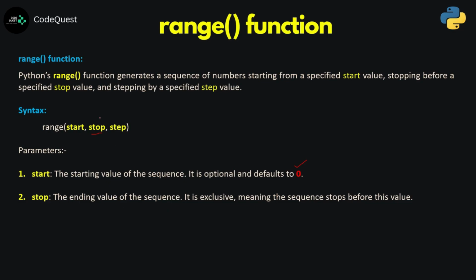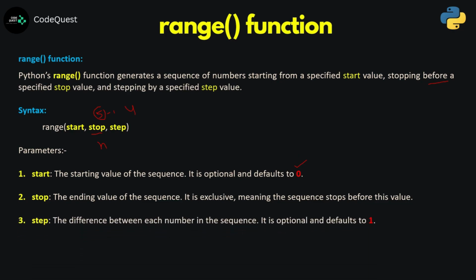Whatever end value we have specified, for example, I am writing 5 here, it is going to go up to a value before the stopping value, which means it is going to go up to 5 minus 1, that is 4. So if we give some n here, it is going to go up to n minus 1.